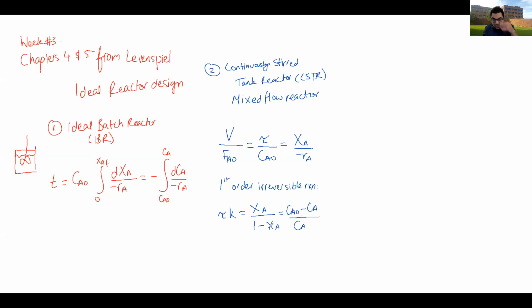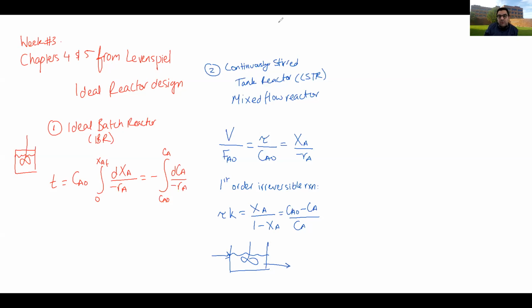Good. And for a CSTR, again, it's a vessel. It's always mixed. However, I'm charging a feed and taking out the product all the time. So this is the second type of reactor here.